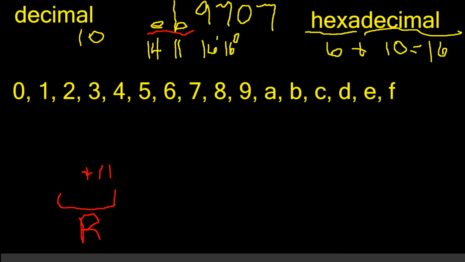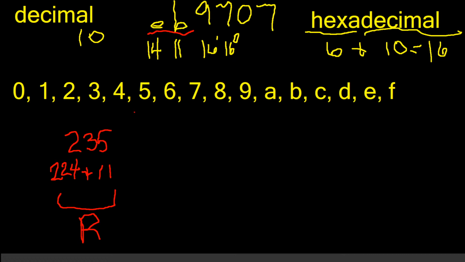So we want to take 14 times 16, and we get 224. So we get 224 plus 11, which is going to be 235. That is our red value. Our red value is 235.